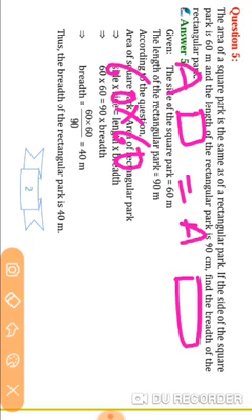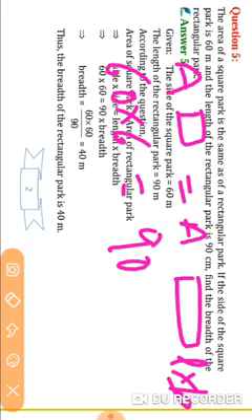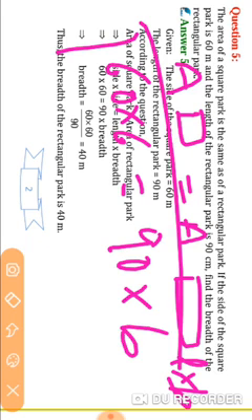Okay, then the length of the rectangle: length into breadth. The length is given as 90 centimeter, and we have to find the breadth.